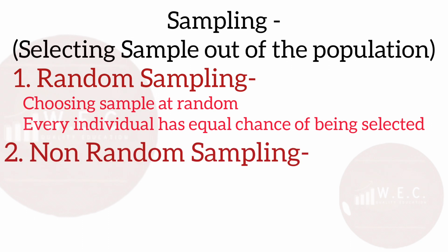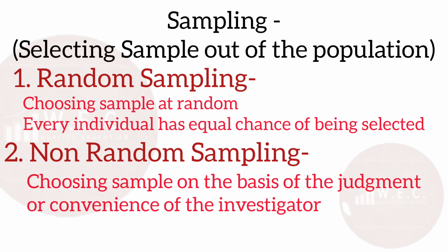Now, to non-random sampling. In the case of non-random sampling, individuals from the population are chosen on the basis of the convenience and judgment of the investigators. So, all the individuals in the population don't have equal chances of being selected.